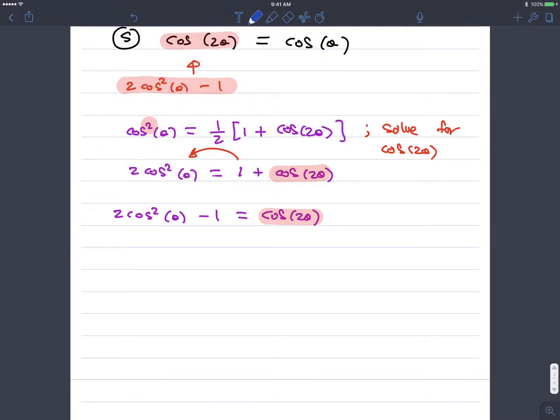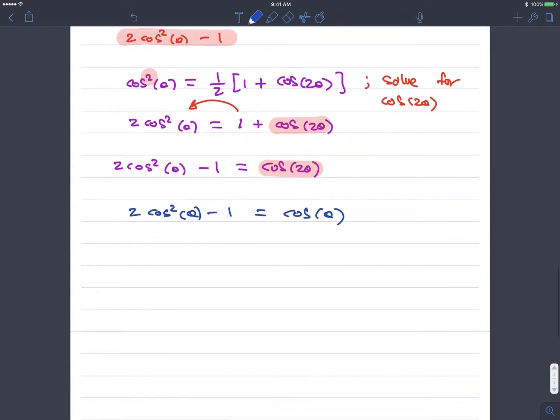That's where we're at. So bring everything down. 2 cosine squared theta minus 1, put that in parentheses, is equal to cosine theta.